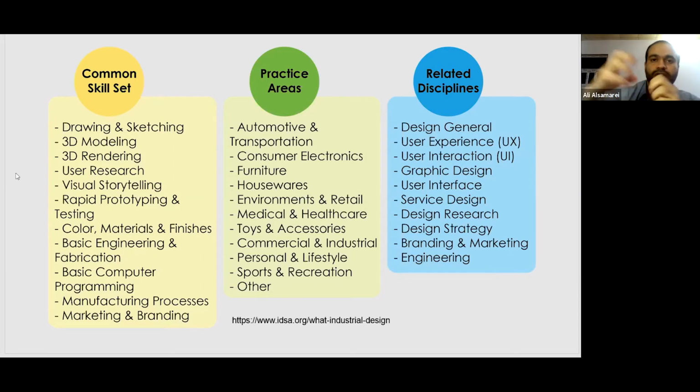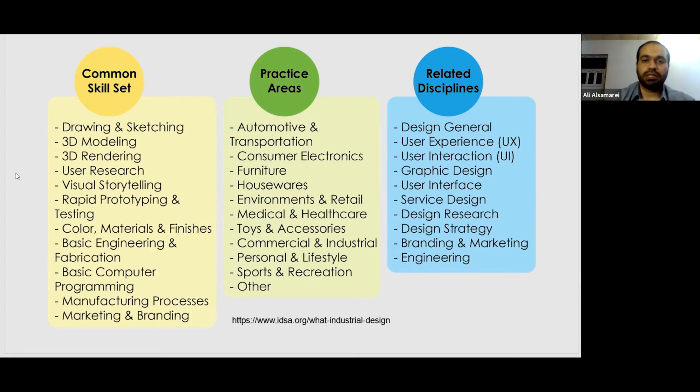Maybe they are really good at 3D modeling, but they should at least know a bit about other areas as well. And they will be designing things related to automotive, like car designing, the outside shell, as well as electronics, gadgets, appliances, toys, medical equipment.